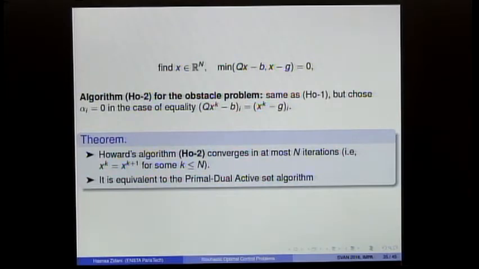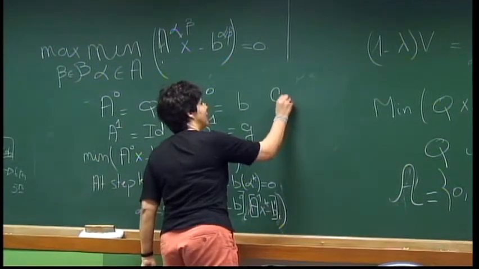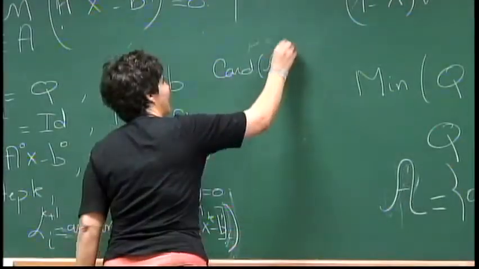And the other information you get is that the Howard algorithm, by making this choice, would always converge in at most n iterations. Do you remember the first theorem? I told you that if you have a finite number of actions, then you have a finite maximum number of iterations. Do you remember this bound? Yes, it was cardinal A power n.